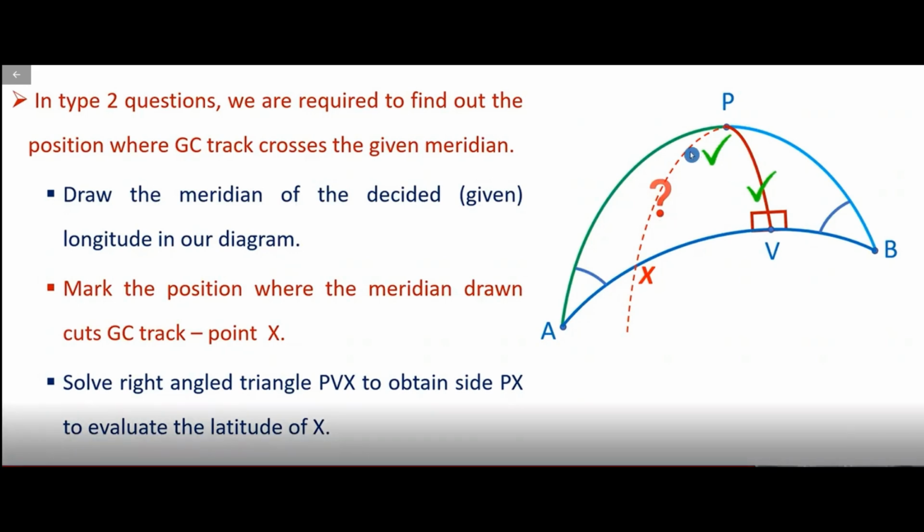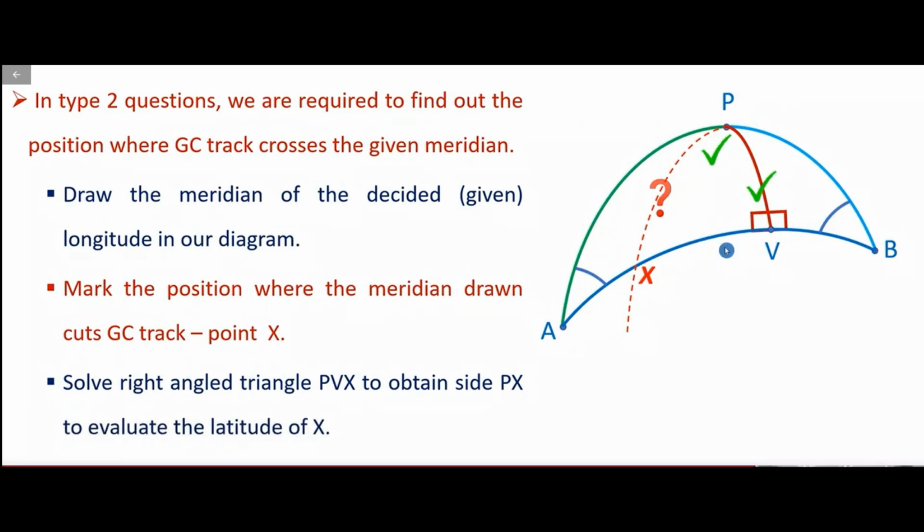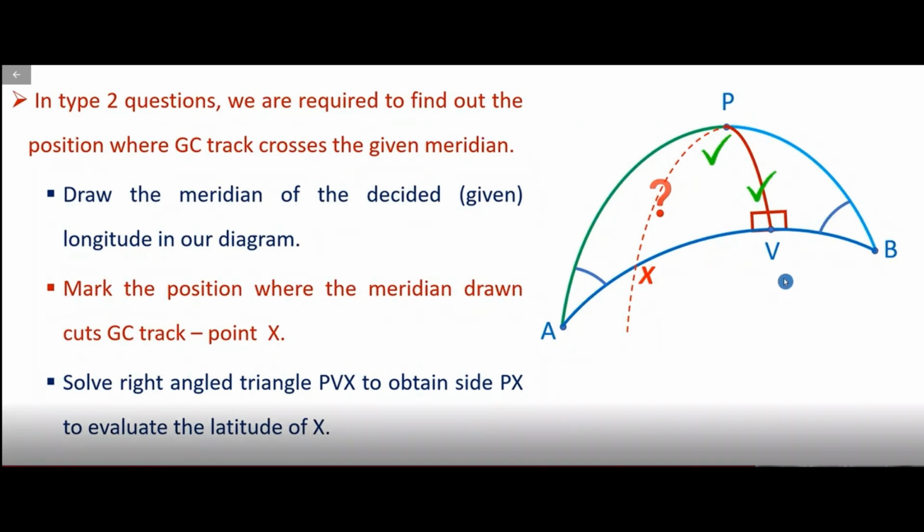So this 35 degree D long is westerly D long. From 50 degrees east, you go west by 35 degrees and you will reach 15 degrees east. So from 50 degrees we went west by 35 degrees and we came to 15 degrees. So longitude of X would be 15 degrees.